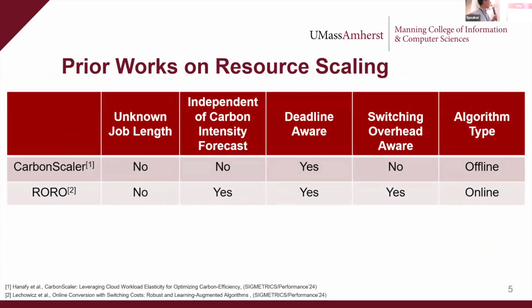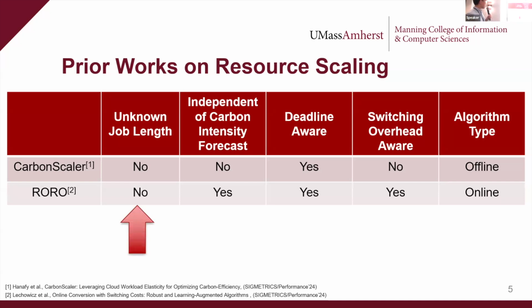It is also unaware of the switching overhead of job scheduling. The next work is called ramp on, ramp off, or RORO, as I'll refer to it going forward. This one is additionally independent of the carbon forecast, so it's an online algorithm, and it also considers a switching overhead in the objective function.